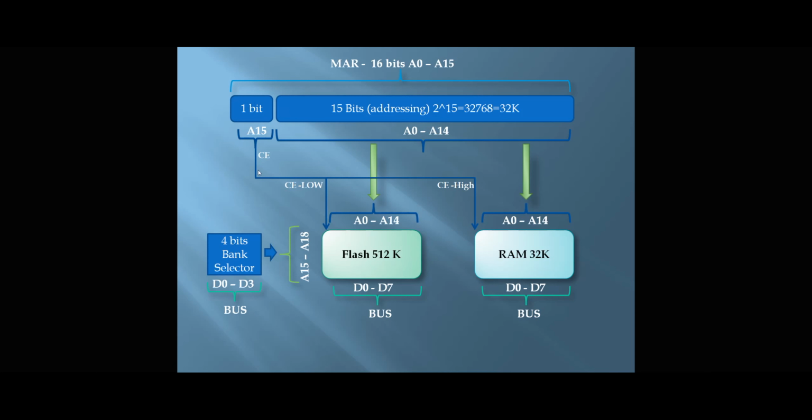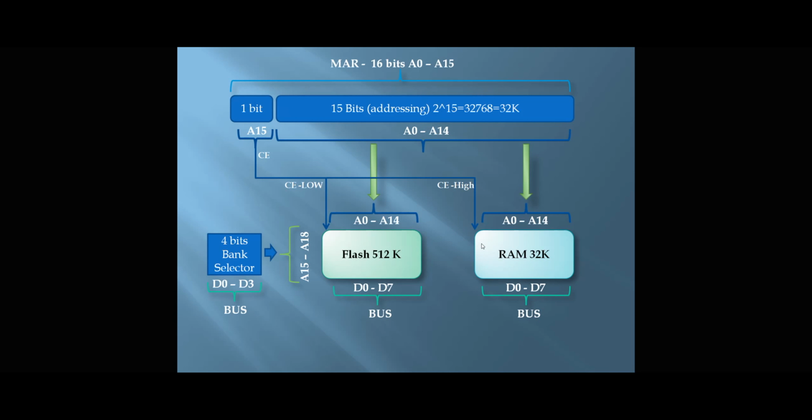So if this bit is going high, then we have our RAM chip enabled and flash memory disabled. And when this bit goes low, then we have our flash memory chip enabled and our RAM disabled. And of course, both of these chips have outputs that are connected to our bus.